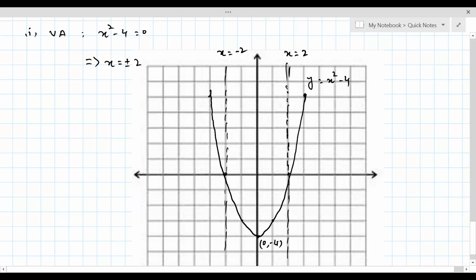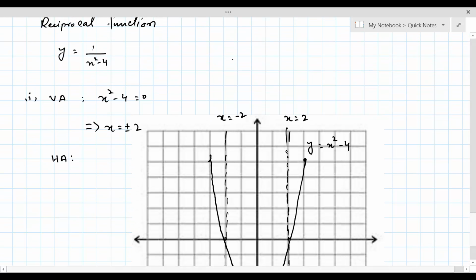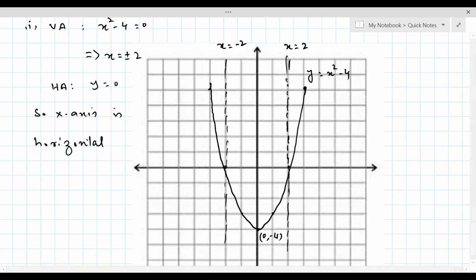Now we will find out horizontal asymptote. For horizontal asymptote, we are going to compare coefficient of highest power of x to 0, which is y is equal to 0. So x-axis is horizontal asymptote.